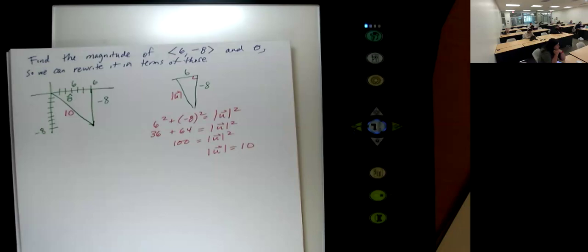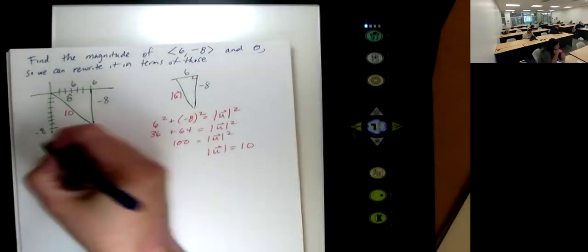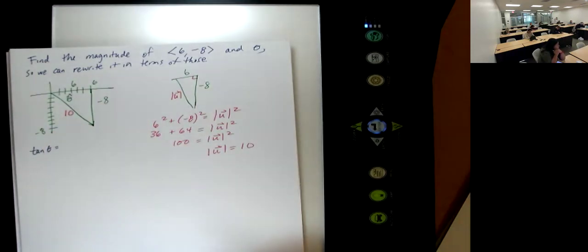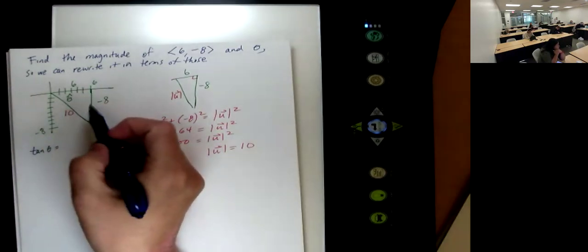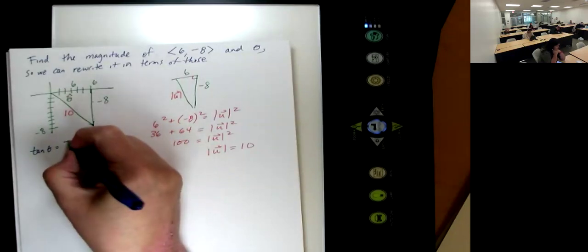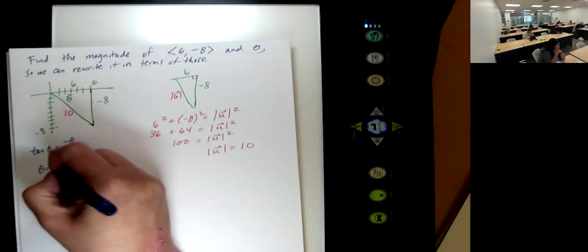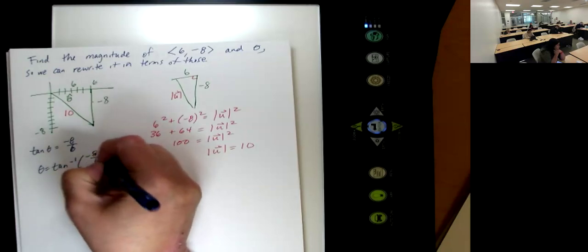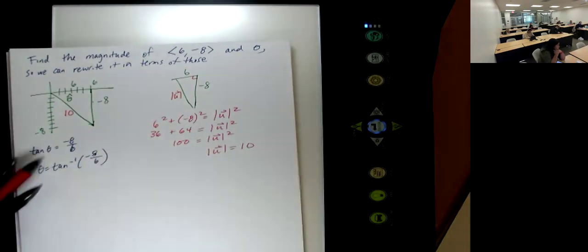If I want to find theta, I don't think of this in terms of tangent inverse, I really don't. I always switch to saying tangent theta is opposite over adjacent, and then taking the inverse. If you jump straight to the inverse, more power to you. My brain doesn't operate like that.